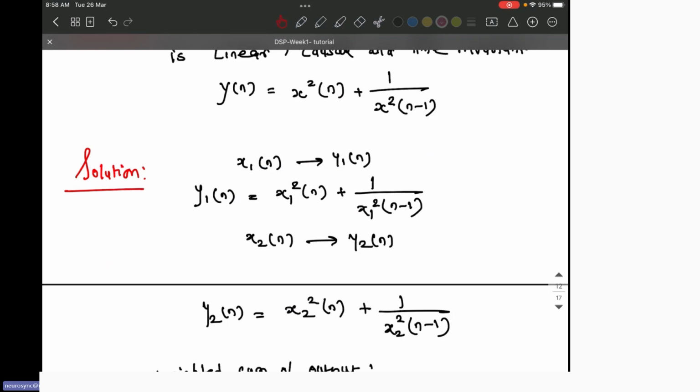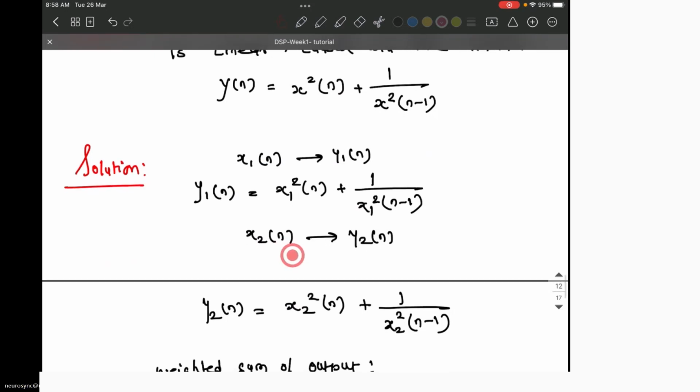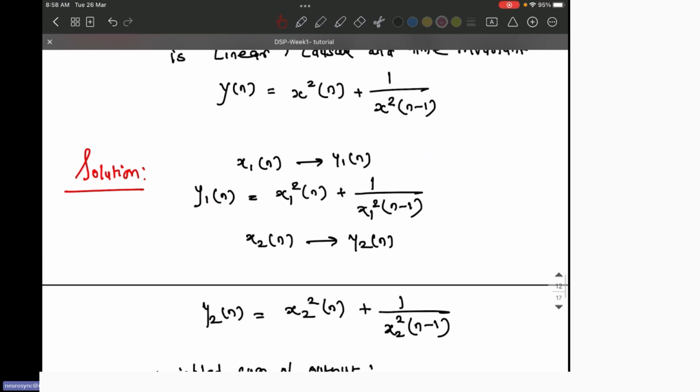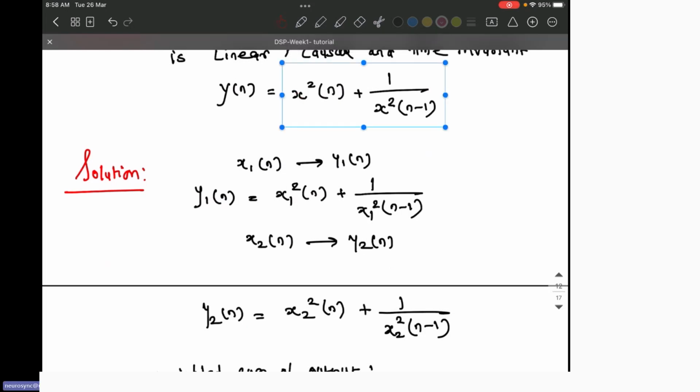I have applied another input x2 to the system and I will get output y2. So this y2n I can represent like this: x2 square n plus 1 by x2 square n minus 1. Okay. So instead of x, you have to write x2 here.